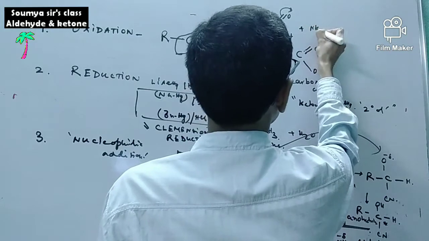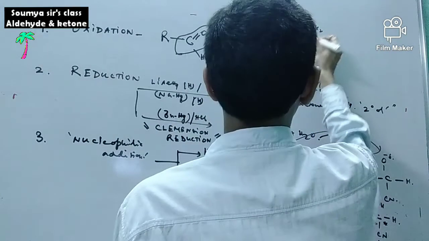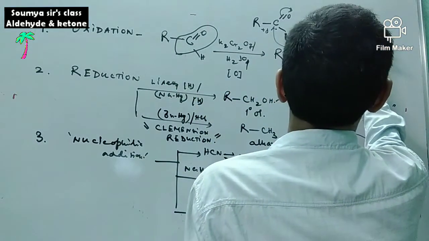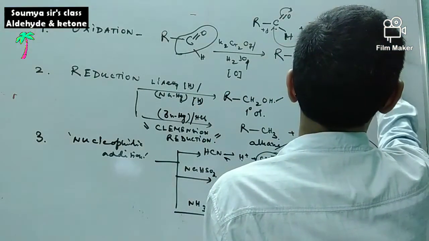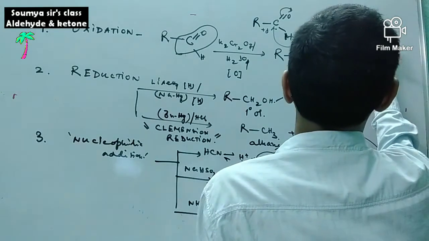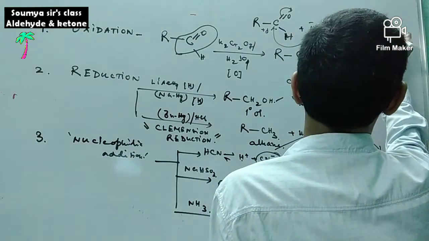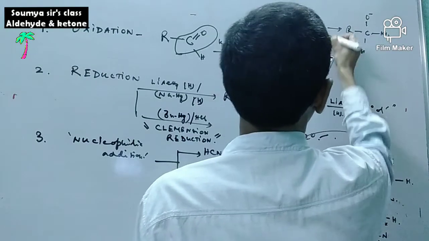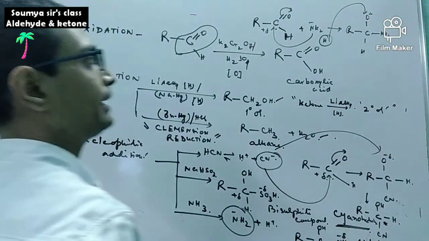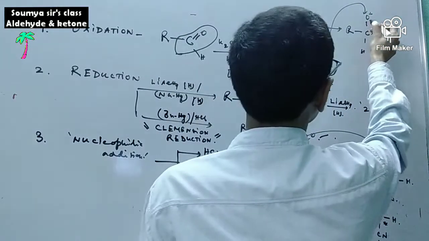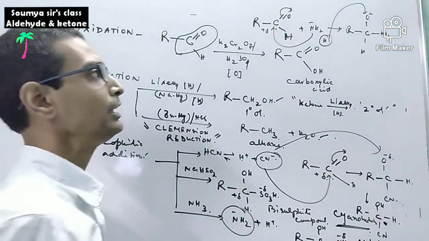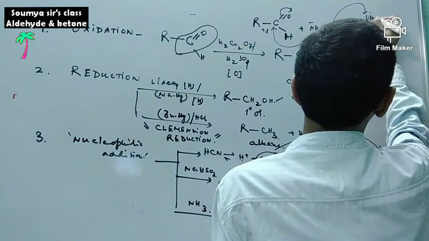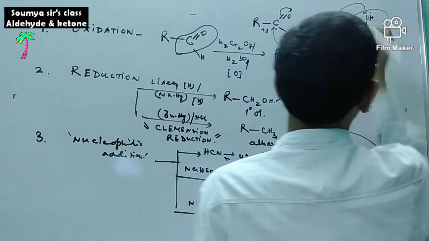The NH2 minus ion attacks the positive delta of carbon and forms RCH(O minus)NH2, and later on the H part of ammonia attacks the O minus to form the subsequent OH. So here the total aldehyde ammonia is formed.